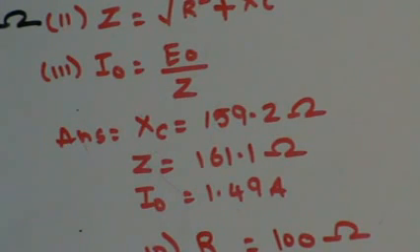Find the power factor if the current is 1.5 amps and voltage is 200 volts.